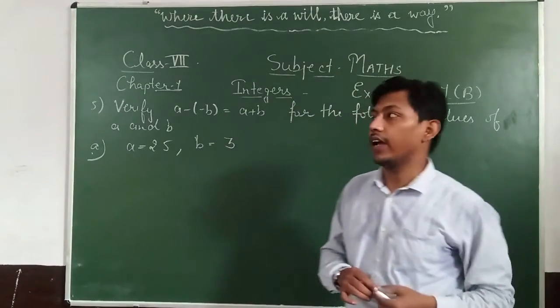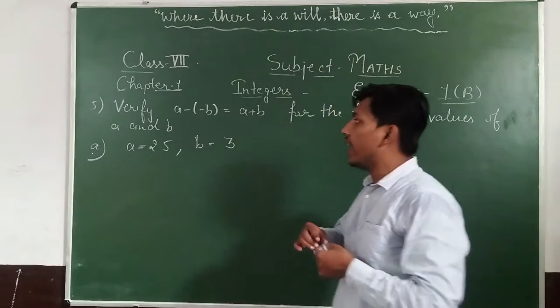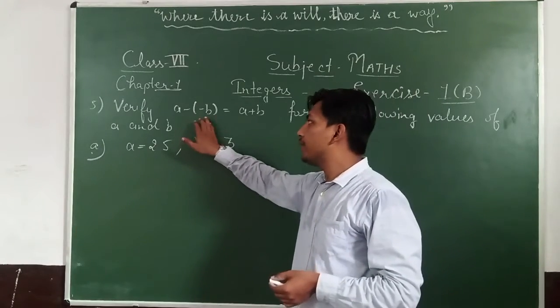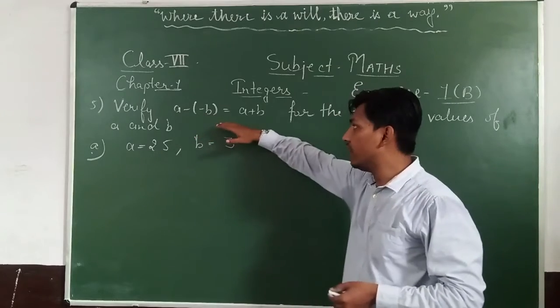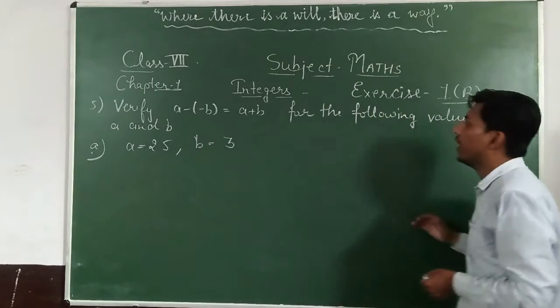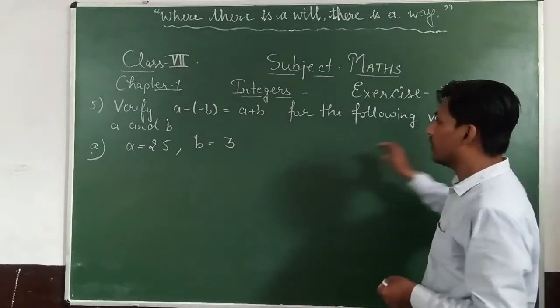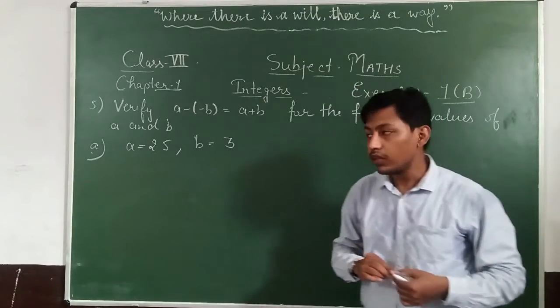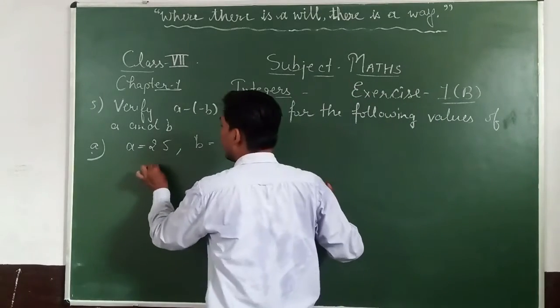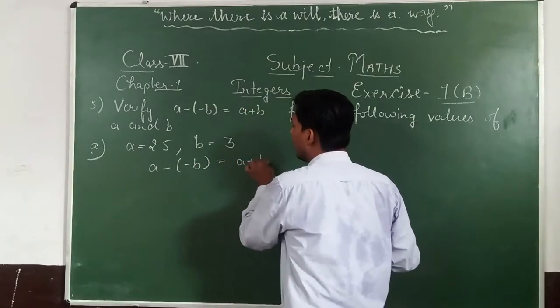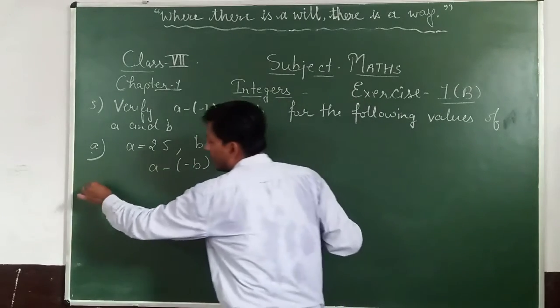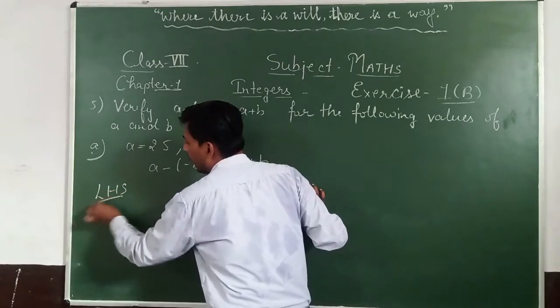Now question number 5. Verify: A minus bracket minus B is equal to A plus B. Here two equations are given and we have to verify them for the given values. So what is the given equation? A minus minus B equals A plus B. So take LHS. What is LHS?